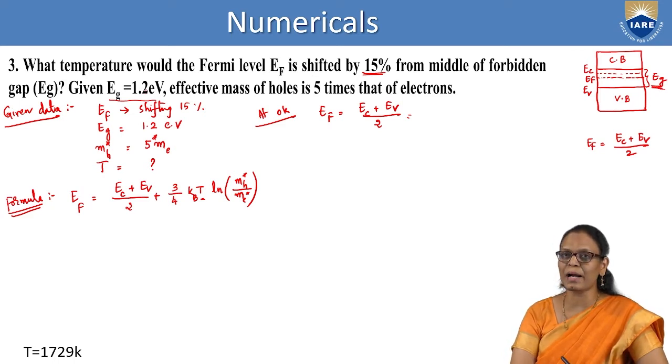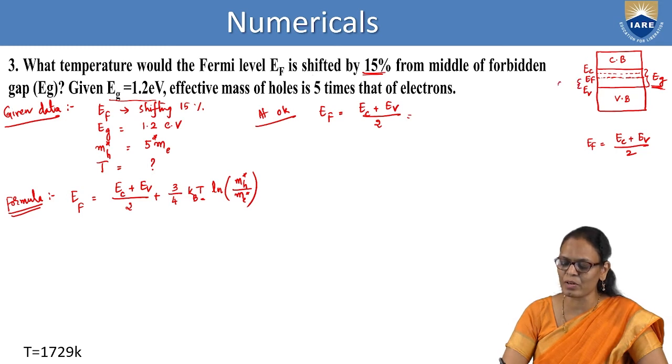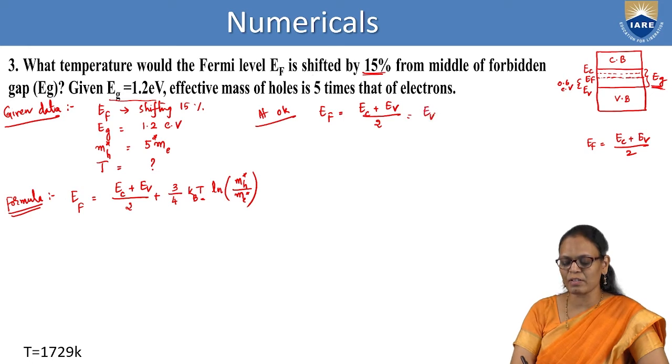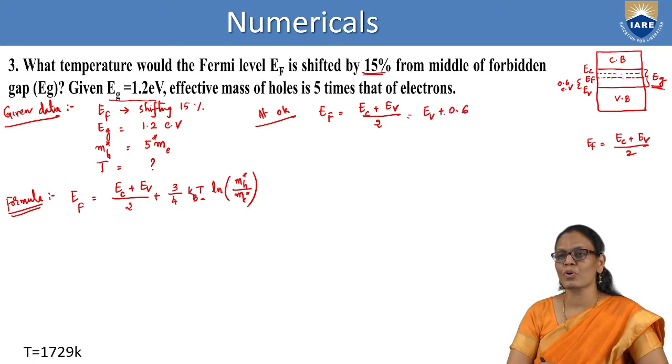So, what will Eg by 2 be equal to? 0.6 electron volt. So, EV plus 0.6 will give me the Fermi level. Because the Fermi level lies exactly in between the energy gap, and the energy gap is given as 1.2 electron volt, we write EV plus 0.6 must be equal to (EC plus EV) by 2.